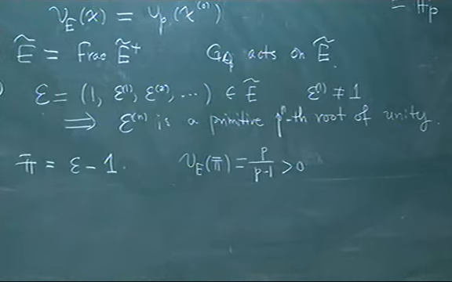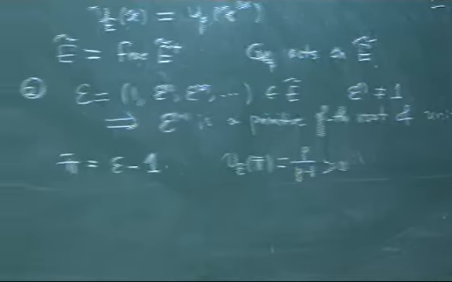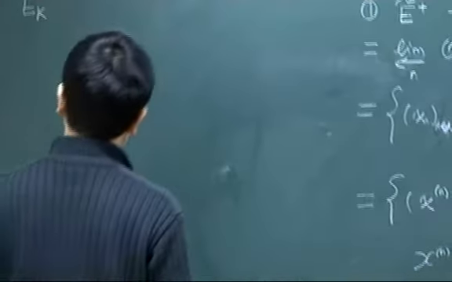Now for K, we have a set of fields and rings, E_K.